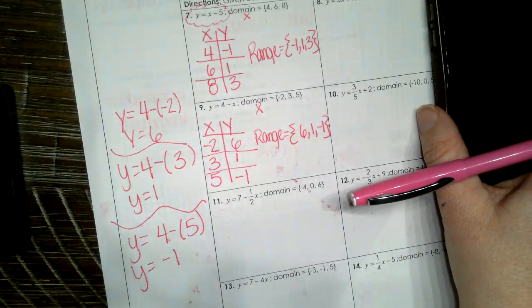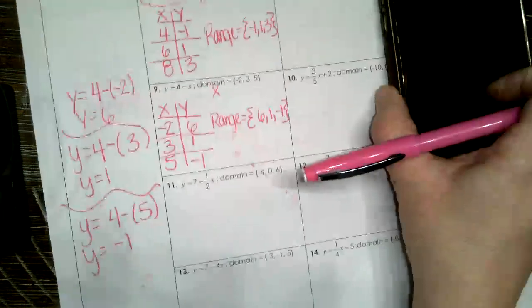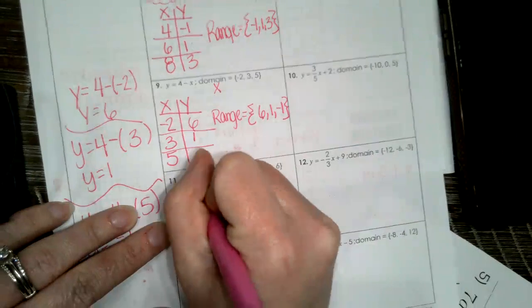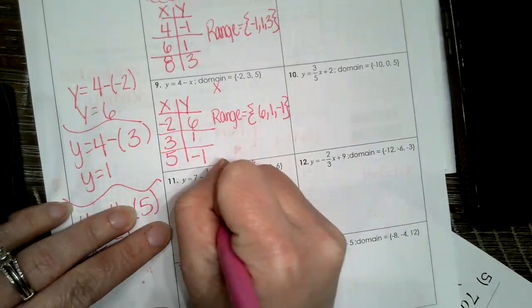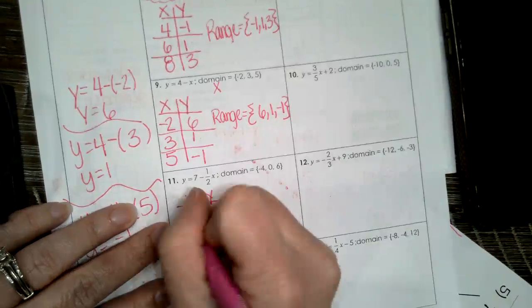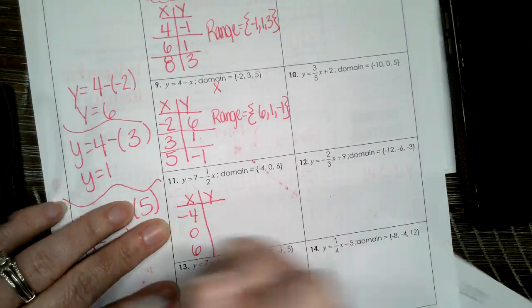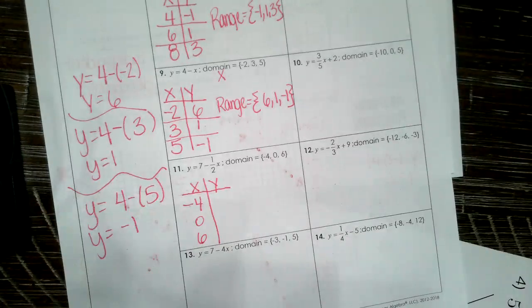All right, the last one that I'm going to do is going to be number 11, because I think you're going to get the hint after this if you don't already have it. So I'm going to do X and then Y. They give me, again, the domain. So I'm going to put it under the X column, -4, 0, and 6. So I'm going to take it to decimals.